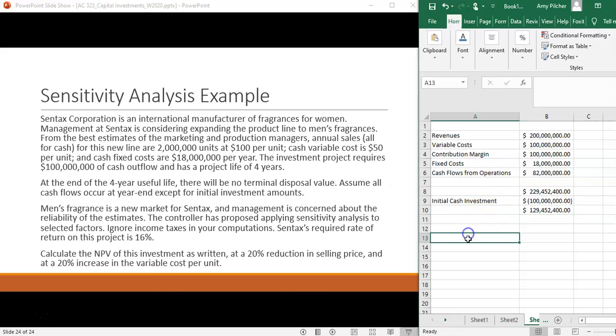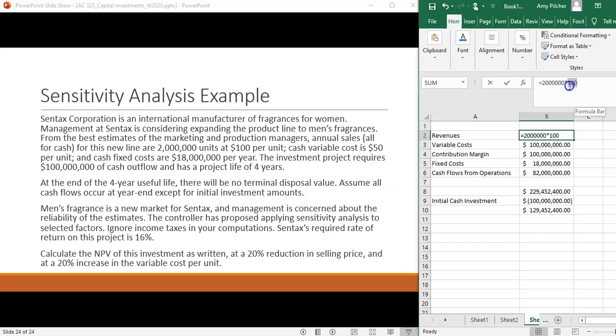When we're looking at the sensitivity analysis, then in the second example, we would have all of this same information. We have our revenues, variable costs, contribution margin, fixed costs, cash flows from operations. But we're going to change the revenues in this case. So we have a 20% reduction in selling price. 20% of $100 is $20.